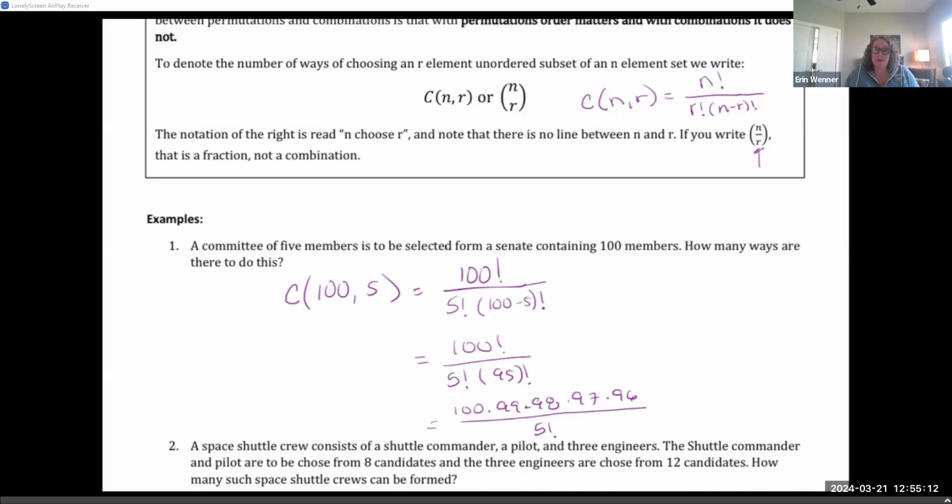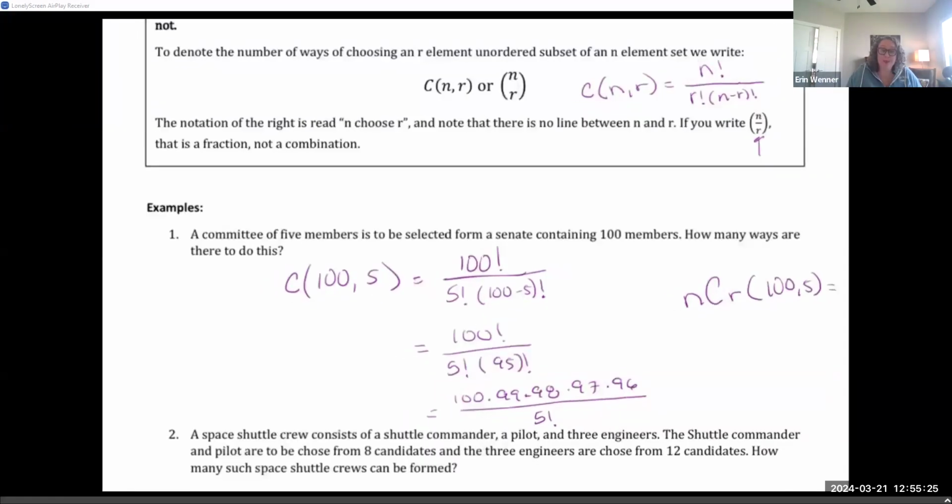So in Desmos, instead of NPR, we're going to do NCR of 100 taken 5 at a time. And this comes out with a crazy big number: 75,287,520. So there are 75,287,520 possible ways to select a 5-person committee from a group of 100 people.